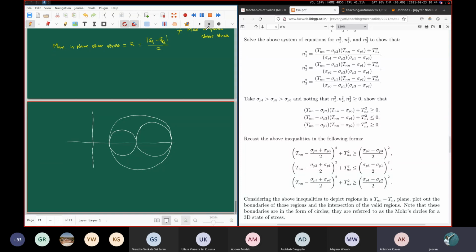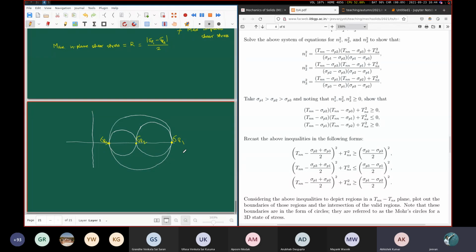So we say that this point here is sigma P1, this is sigma P2, and this is sigma P3. And just like the plan here, we have to arrange them in decreasing order, you see they are in decreasing order. Sigma P1 is the highest value, sigma P2 is the intermediate value, and sigma P3 is the lowest value.